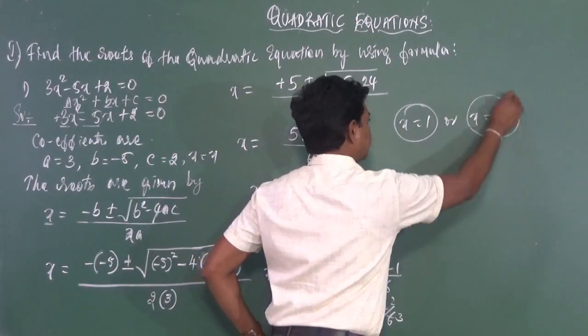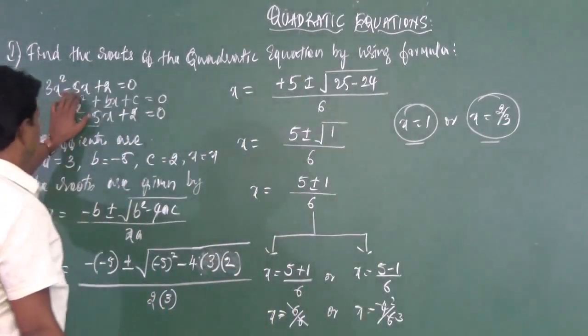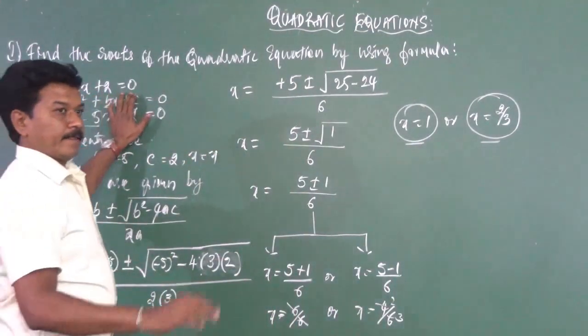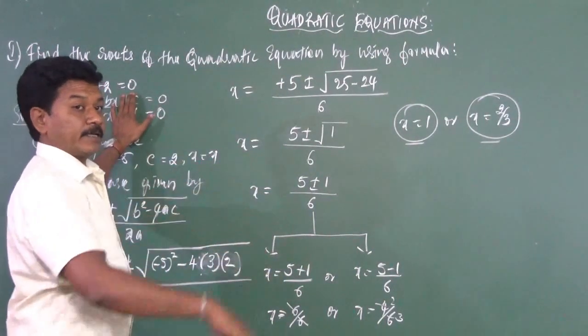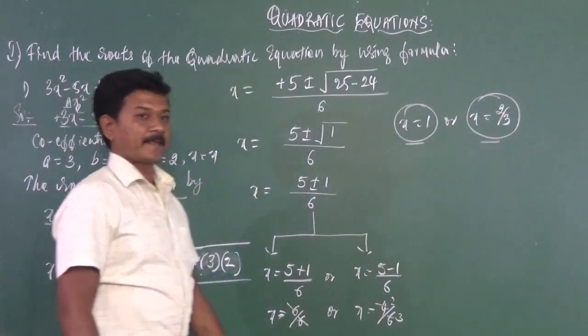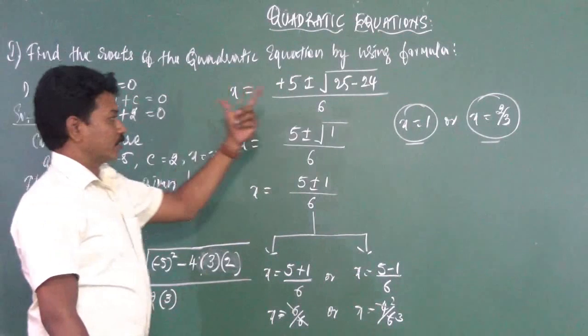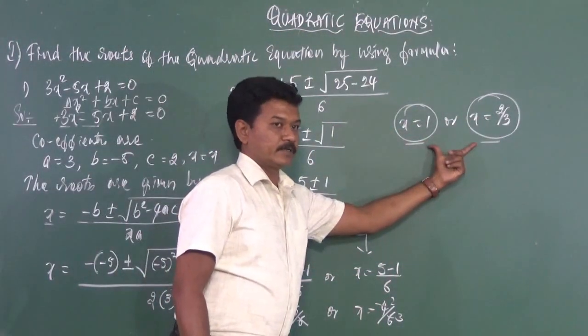2 by 3. So these are the two roots of the quadratic equation 3x square minus 5x plus 2 is equal to 0. If it is a quadratic equation, these two are called the roots of that quadratic equation.